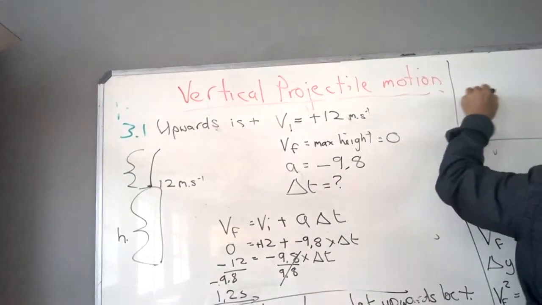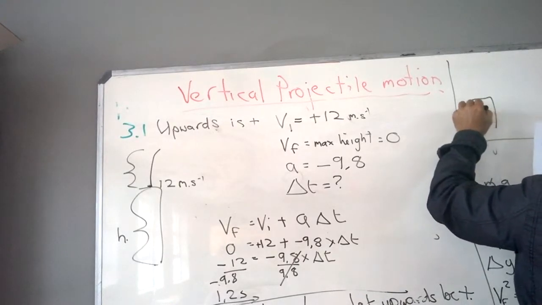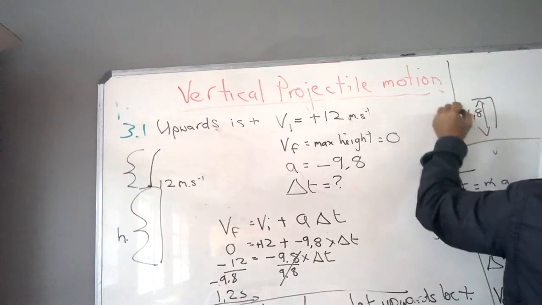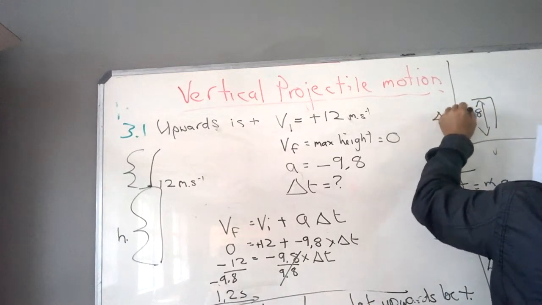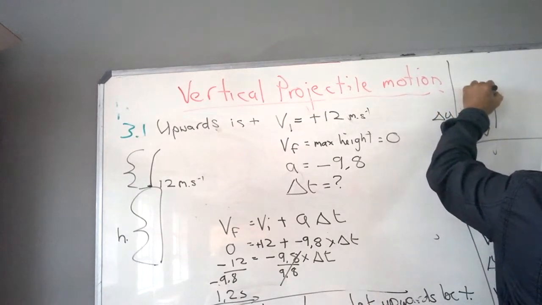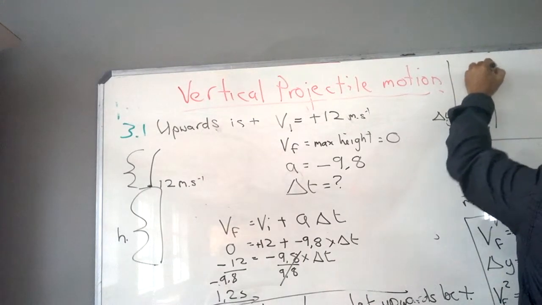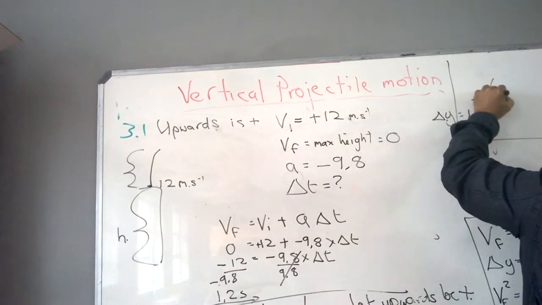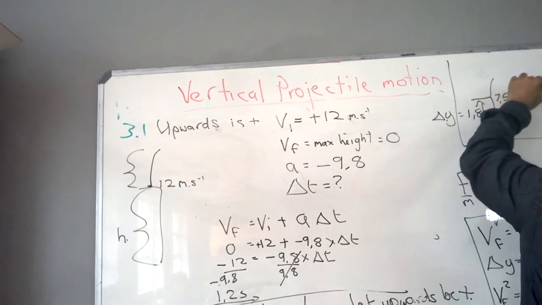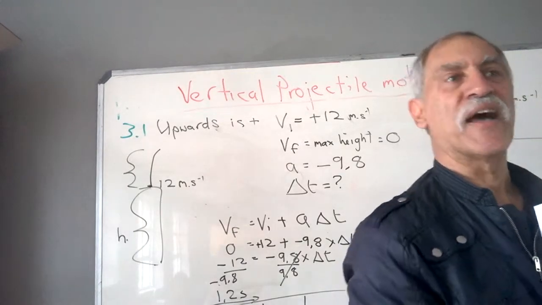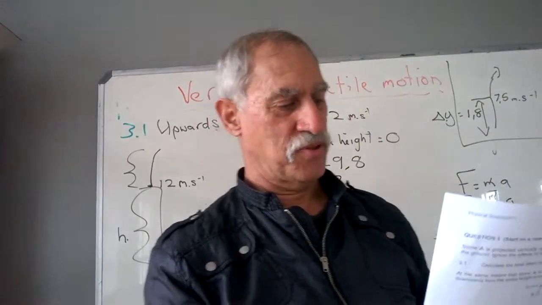It was thrown from a building of 1,8 meters. That's, by the way, delta y is 1,8 to start off with. But it's thrown upwards at 7,5 meters per second. Now, come on, let's do this together. 3.2.